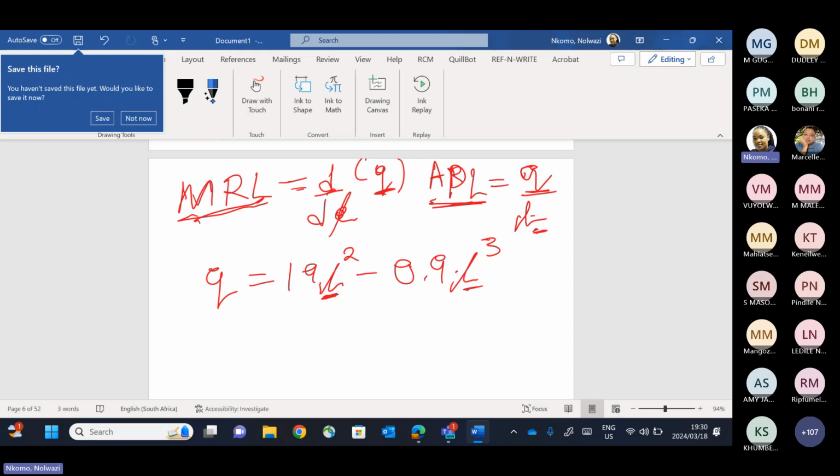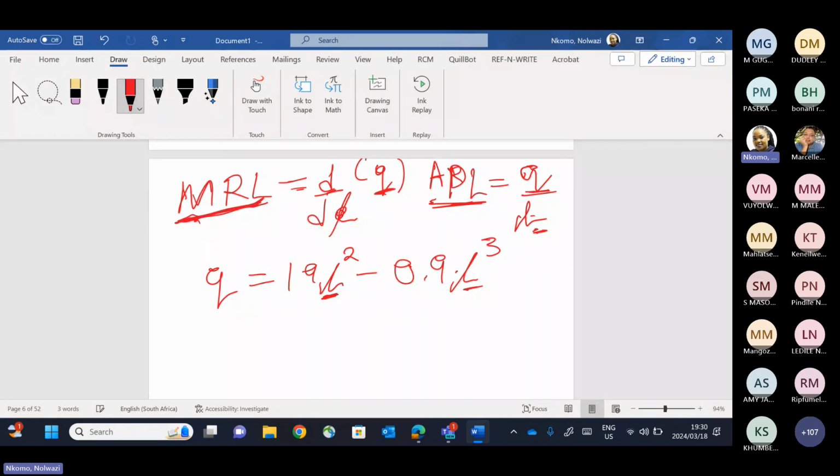We are given the production of labor function. We said we can find the marginal production of labor by differentiating the production of labor function.